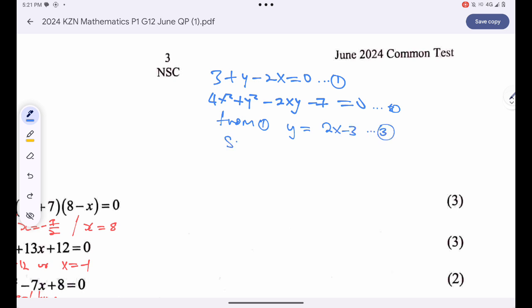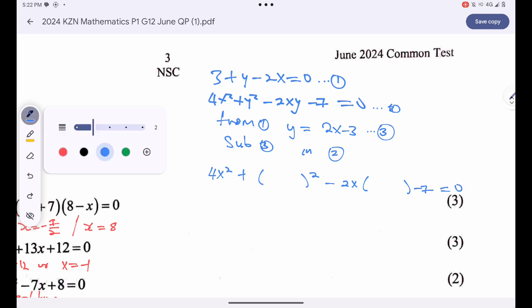And then I can substitute equation 3 in equation 2. Whenever I come across y, I just substitute. Remember, I have 4x squared plus y squared minus 2xy minus 7 is equal to 0. Y is equal to 2x minus 3, and then all I have to do now is remove the brackets.